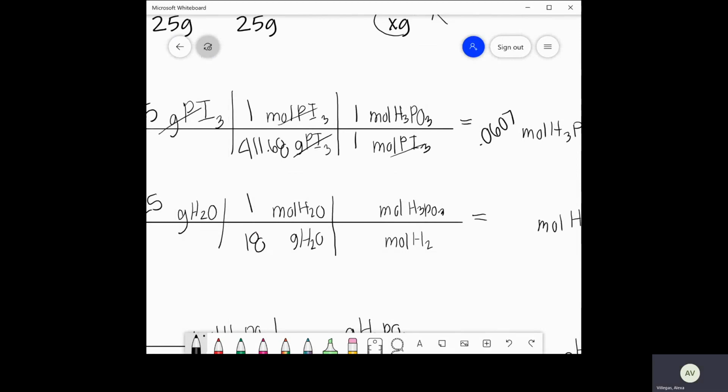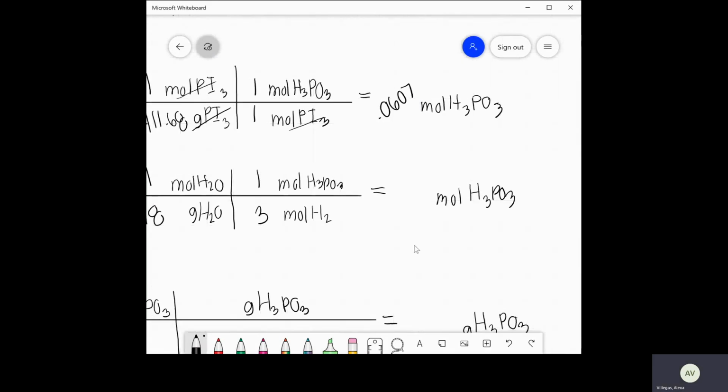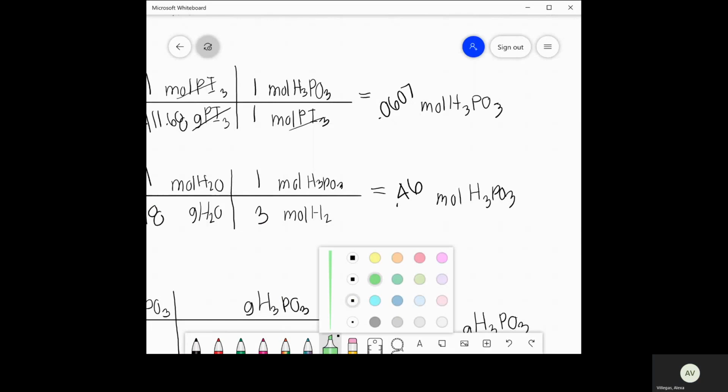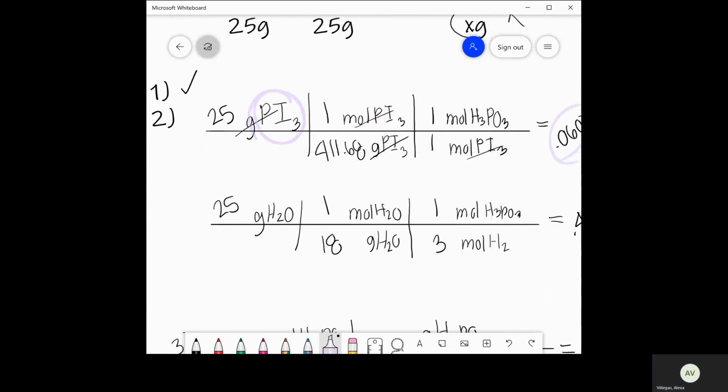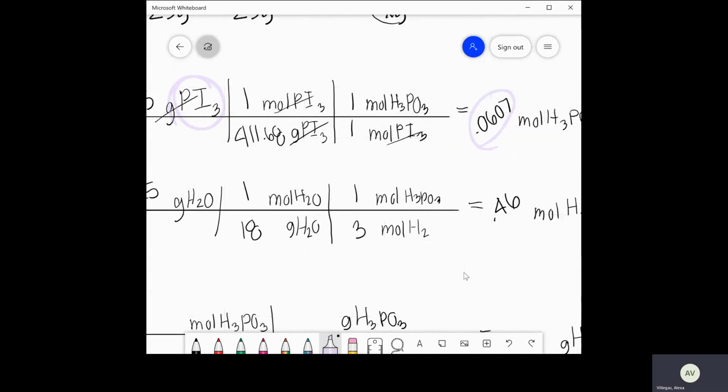So 3 moles, 1 mole, and multiplying that across, that will give us 0.46 moles. So, looking at this, it is a small number. Therefore, phosphorus triiodide is our limiting reagent. So this is what we convert back to grams of product to get our theoretical yield.